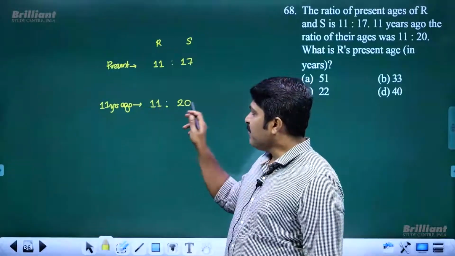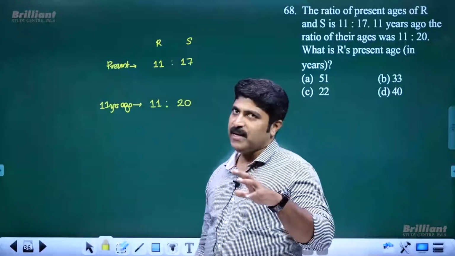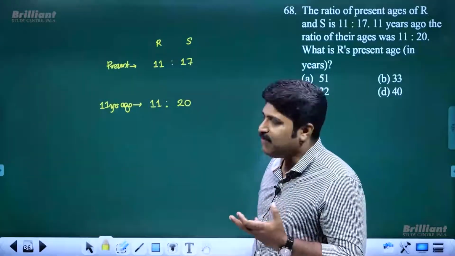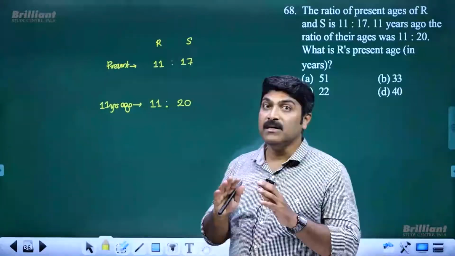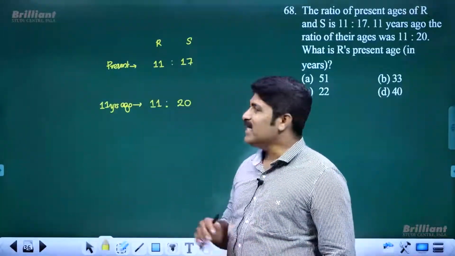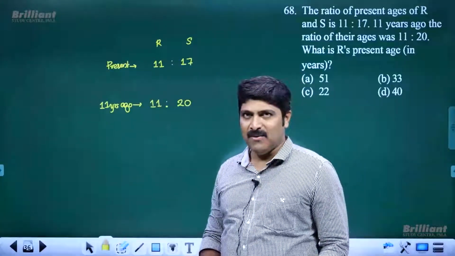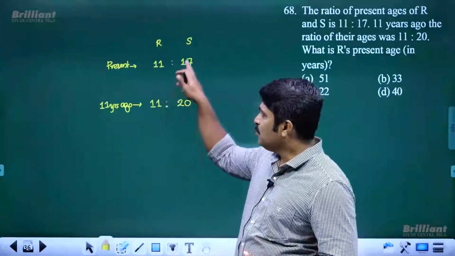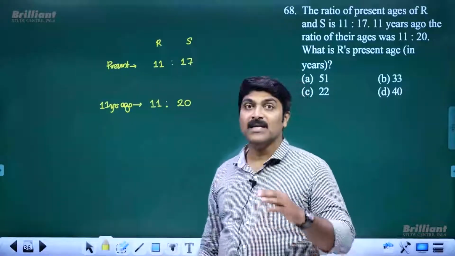And here it is 11y and 20y. Understand? The multiplicative factors that we are applying in both situations are different. Alteration in the ratio means, as per the given information, we are making these two multiplicative factors equal.